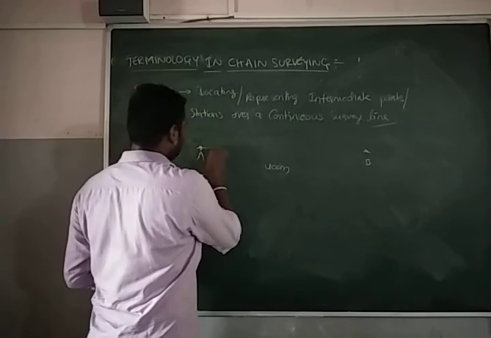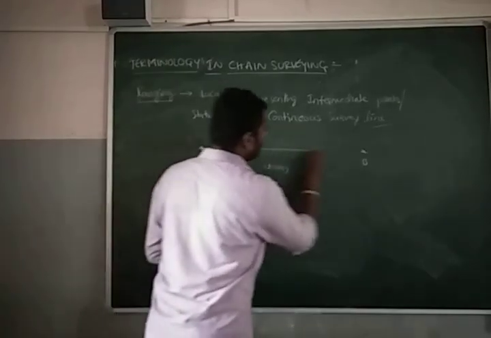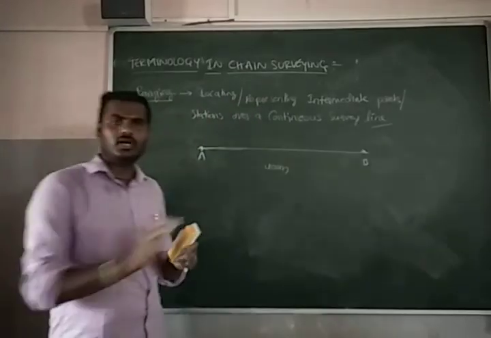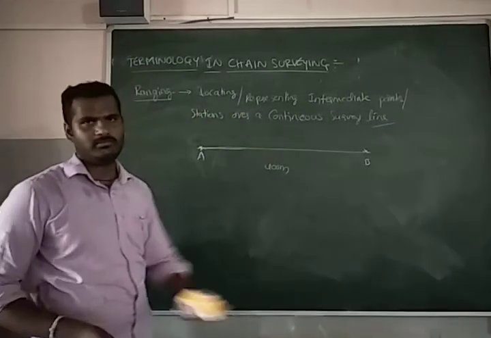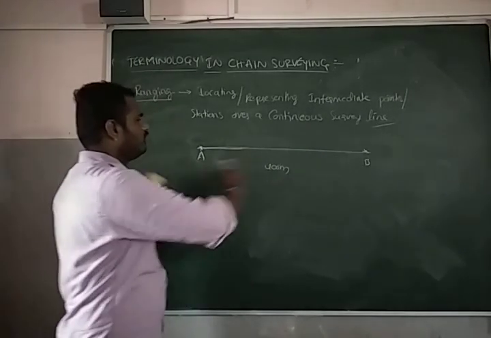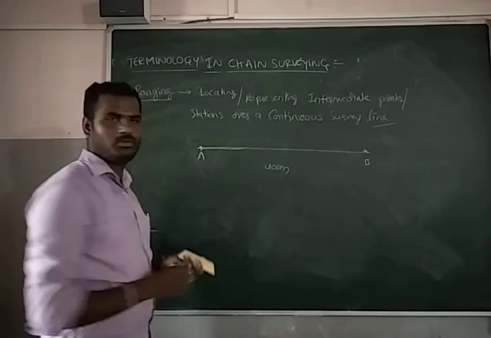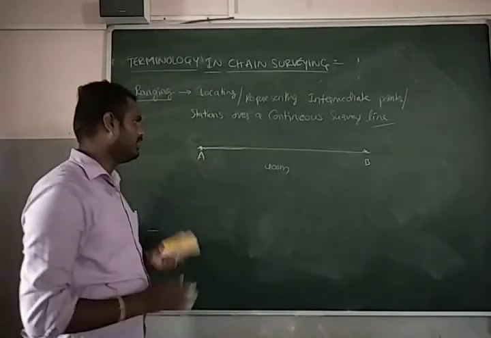In this case I don't have any obstacles or obstructions for the purpose of chaining, for measuring. So there is no problem. I can measure 400 meter continuously by using a 20 meter or 30 meter chain or tape, anything, that is okay.